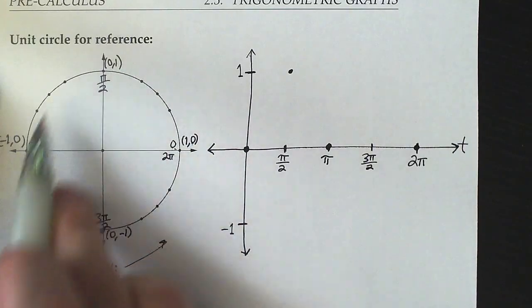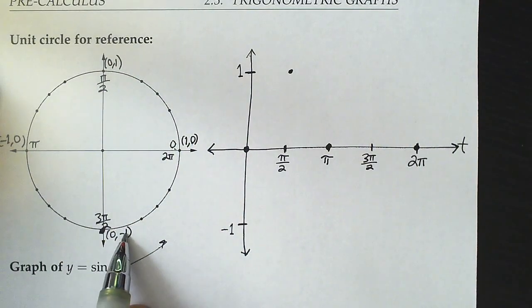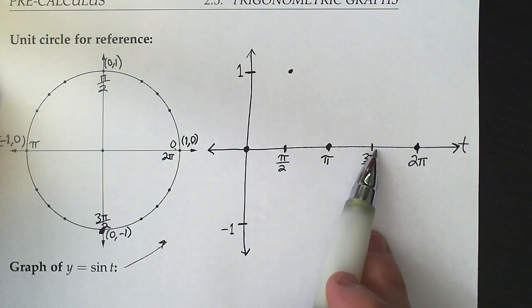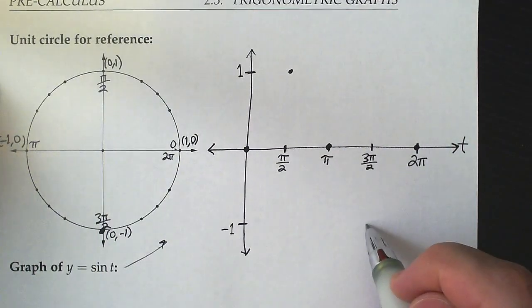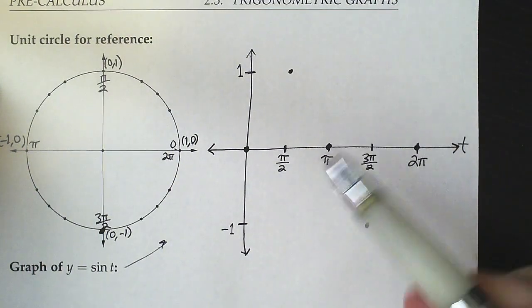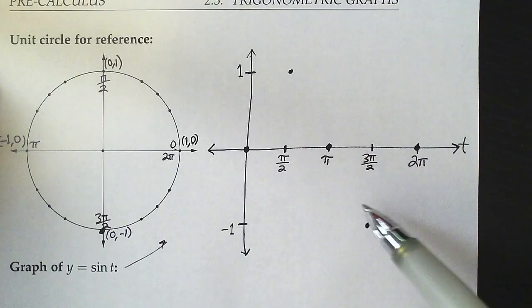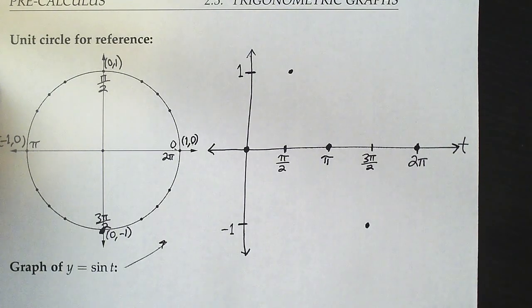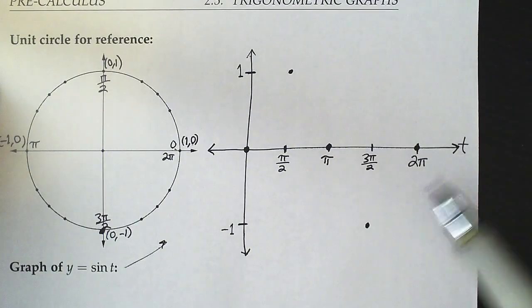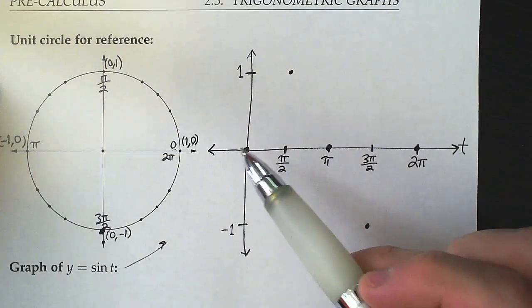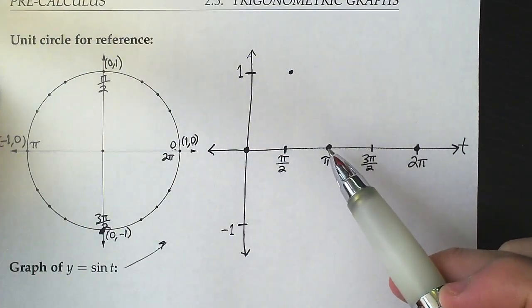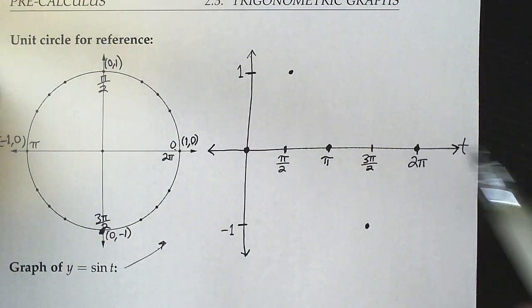So sine of 3 pi over 2 is -1. So when I have my t value at 3 pi over 2, my point is down here. So we have 5 points on the graph so far. That might be enough for us to start to see the shape. It looks like it goes up and then down and then back up.